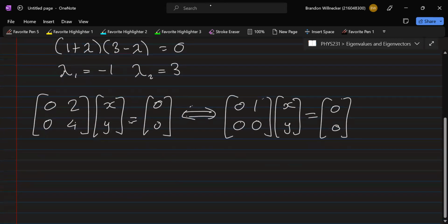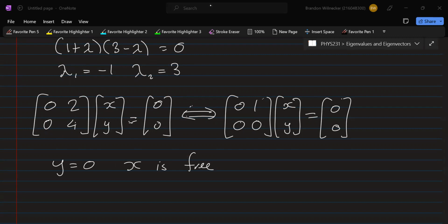Of course, the original matrix is very simple on its own, so you don't need to do this, but it doesn't hurt. So this gives us that y is equal to 0 and x is free. There's no restrictions on x from the system here.